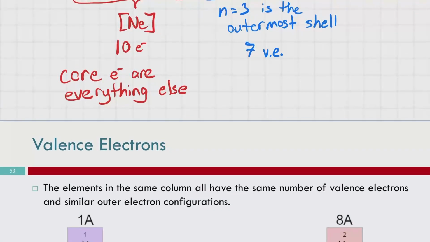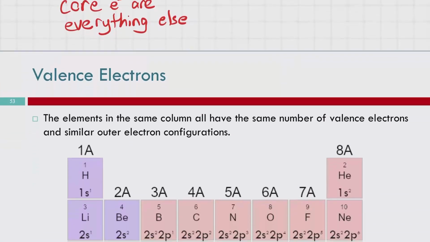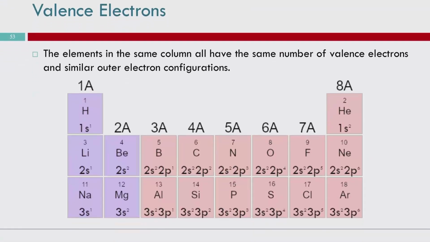Something that's cool about valence electrons and the way that our periodic table is laid out is that elements in the same column have the same number of valence electrons. So this 1A, 2A, 3A, 4A, all those designations, the 2A means that we've got 2 valence electrons. The 3A, the 4A, all of those others mean exactly the same thing.